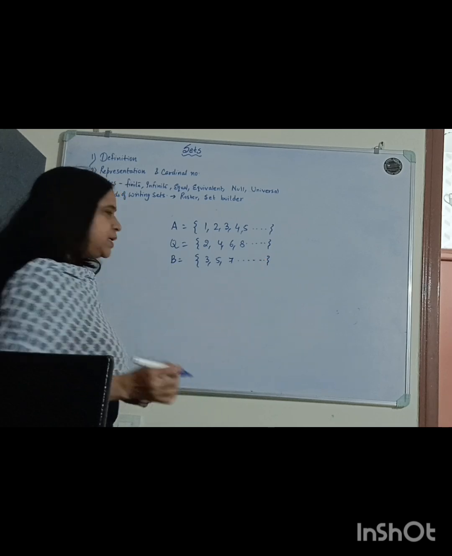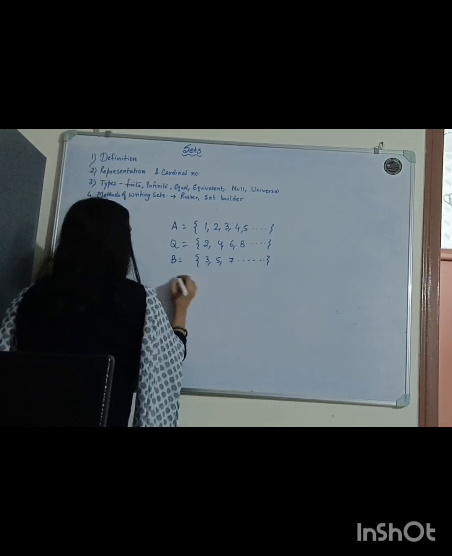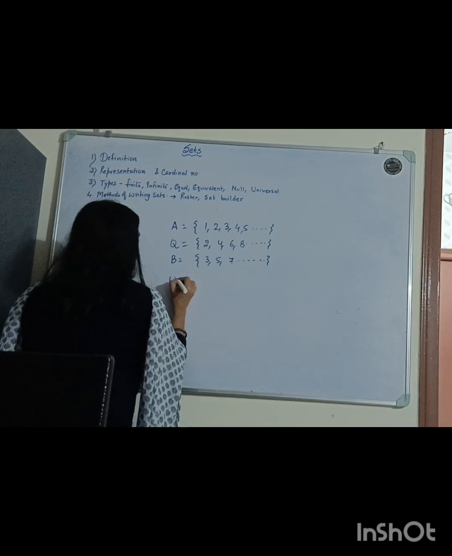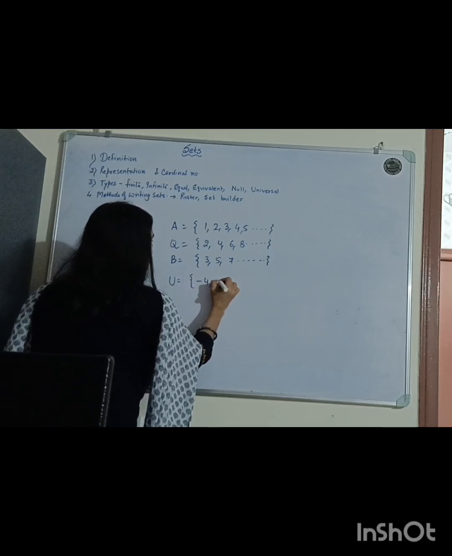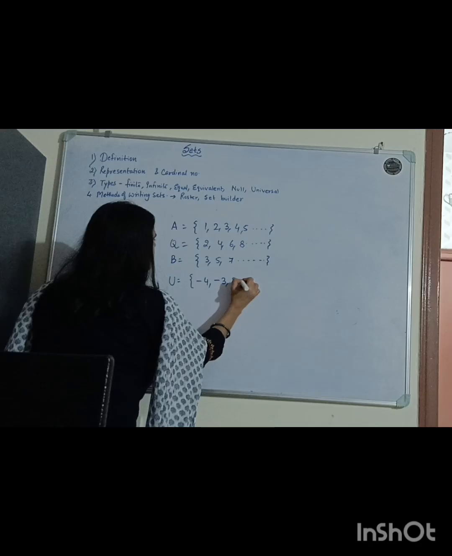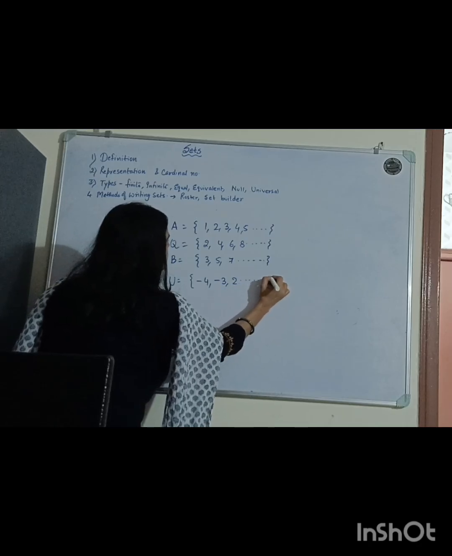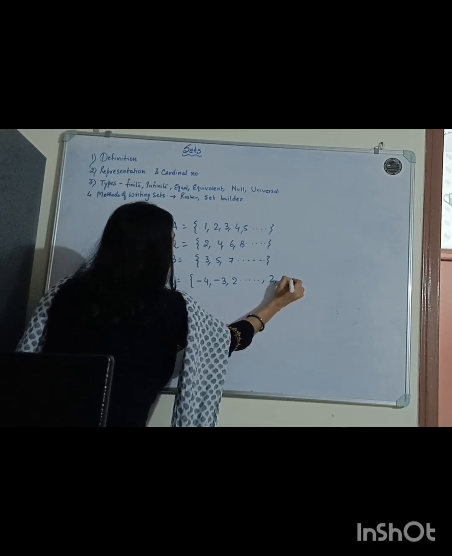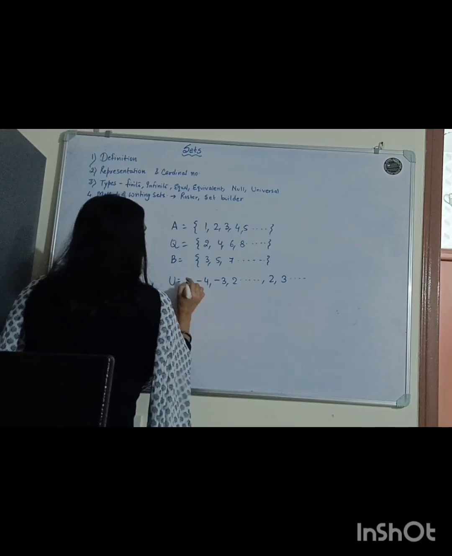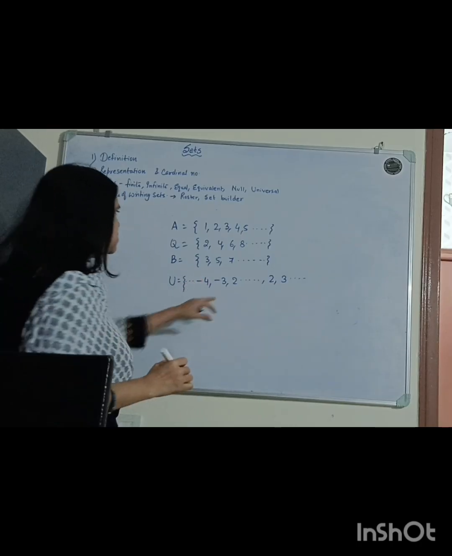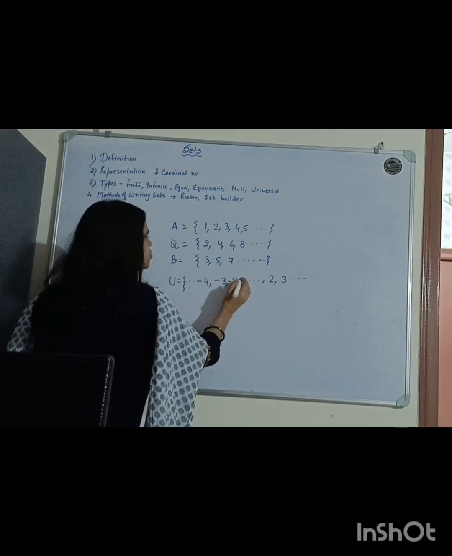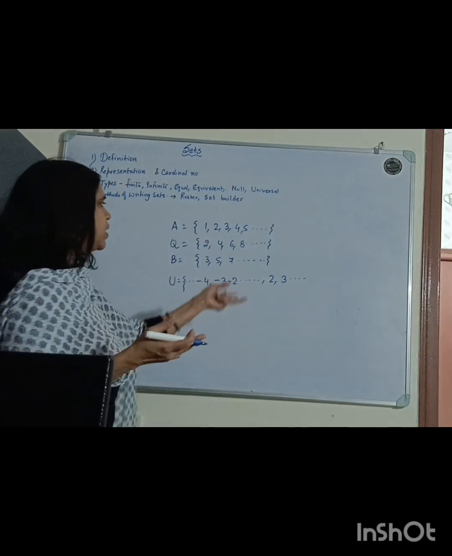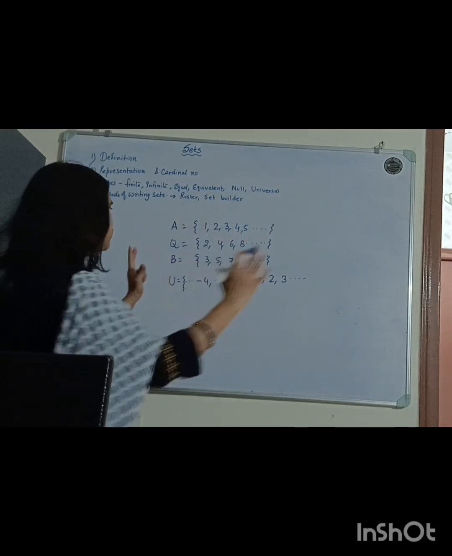Now if I say the collection of integers, we can write it like this, meaning all numbers will be there: minus 4, minus 3, minus 2, minus 1, then 0, then 1, 2, 3, endless on both sides.